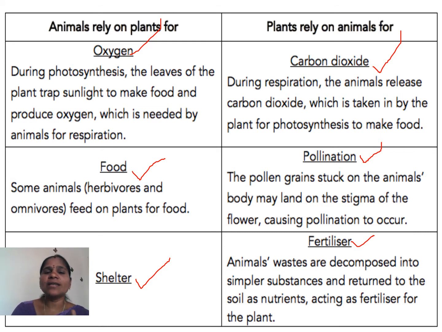Then the animals carry these seeds to another place. For plants which have fur or hook type seeds, pollen grains stuck on the animal's body may land on the stigma of a flower, causing pollination to occur.